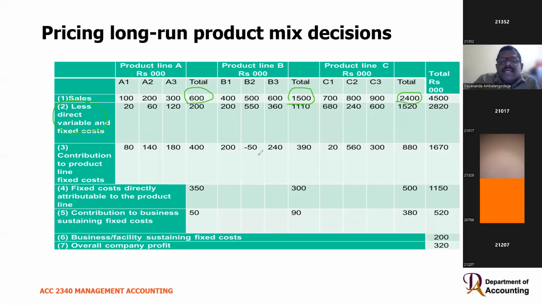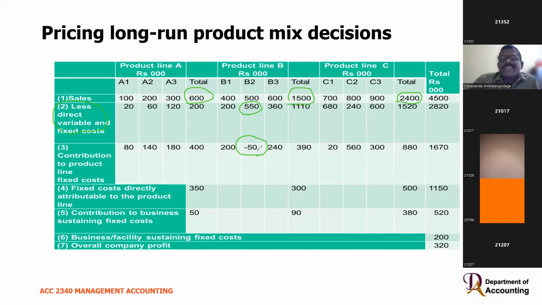You see here, product B2 is not really recovering the cost of the resources committed to B2. Resources committed to B2 is 550. But the market price, which we are taking from the market, we are a price taker. You can't increase the price. You have to sell it at 500 rupees.